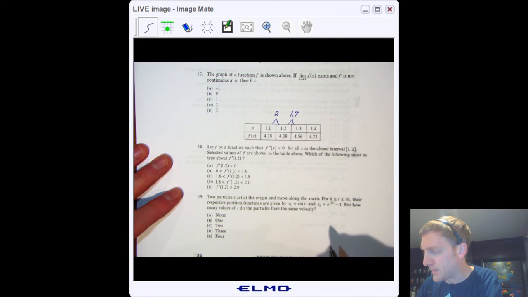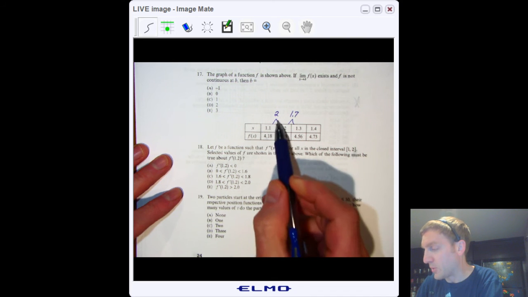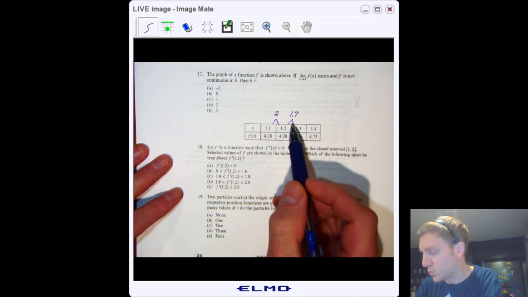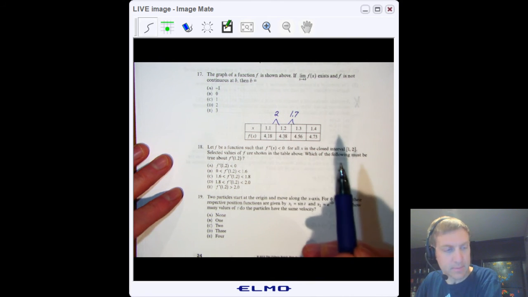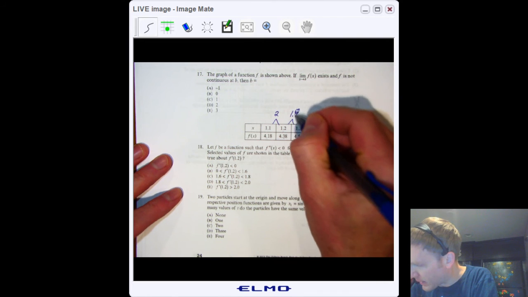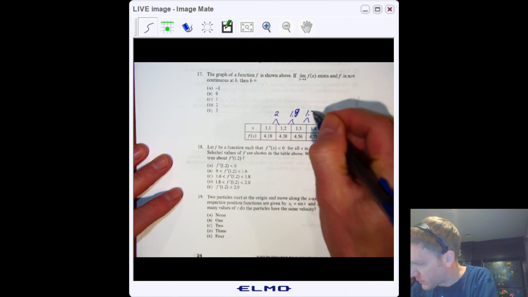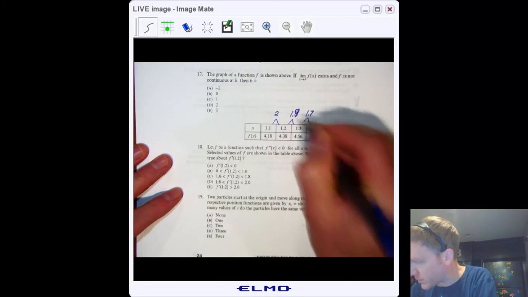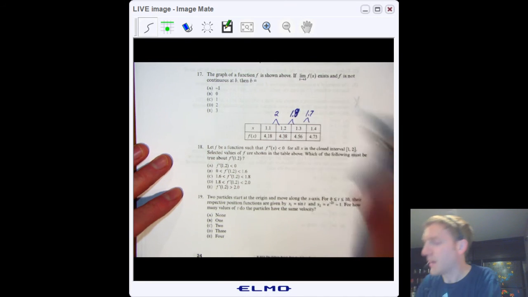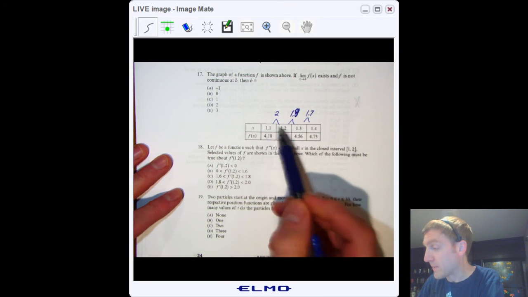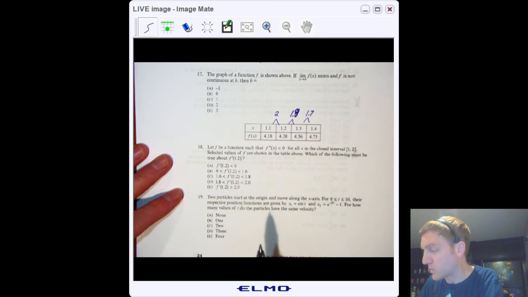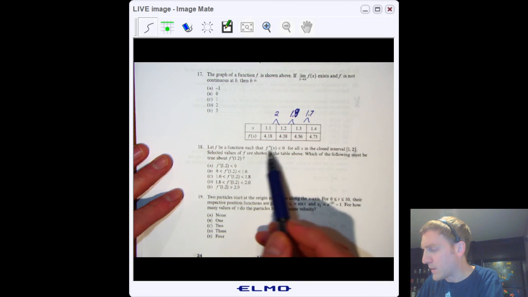Or sorry, between 1.3 and 1.4 is 1.7, and this one is 1.8. My apologies. So anyway, the slope to the left is 2 and the slope to the right is 1.8. So now why is this important?